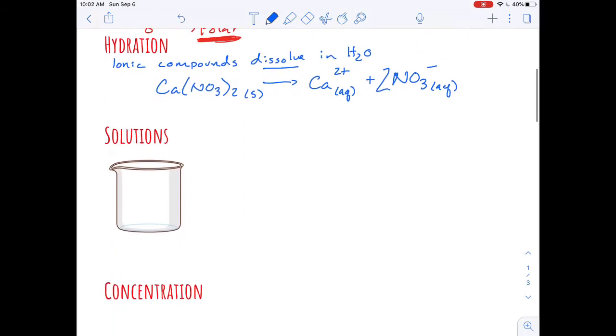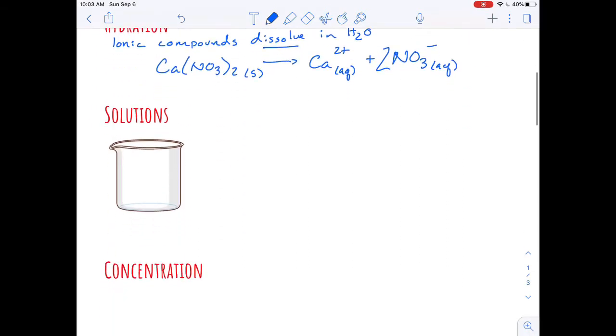Okay, so let's talk about this at the most basic level. So if I have a beaker and I want to make a solution, and let's just say I have a solid that I put in there and I am taking a snapshot. I'm going to assume that this solid eventually dissolves. Okay, it's going to break apart.